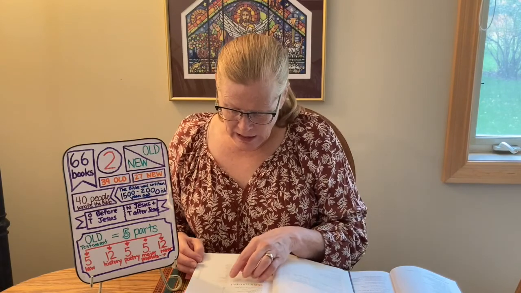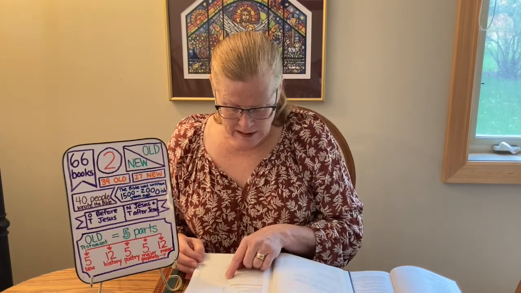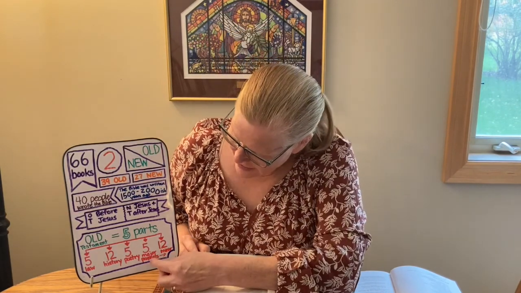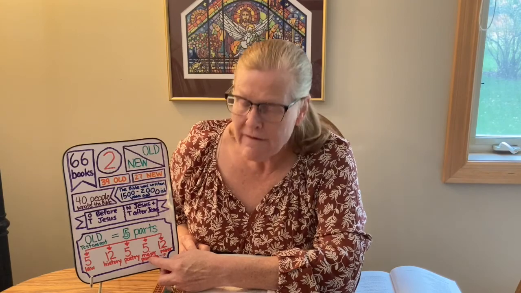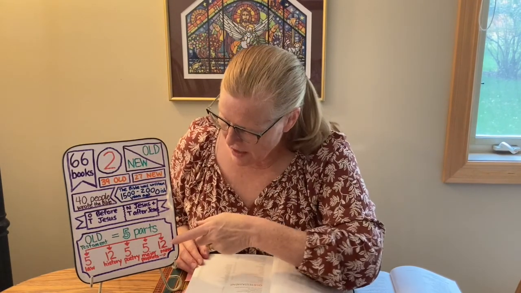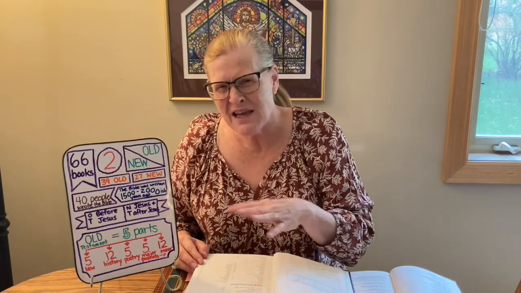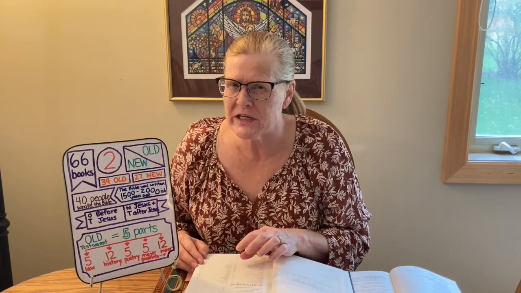Then the next part of your table of contents is called the prophets. Now, I have it split into 2 parts. 5 major prophets and 12 minor prophets. Major means like the main ones, and minor means maybe not quite as important.